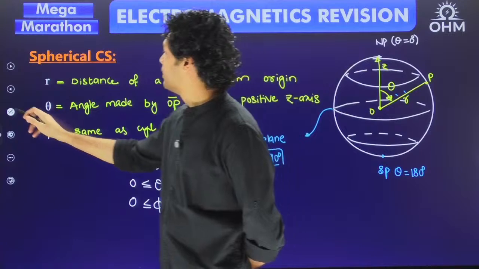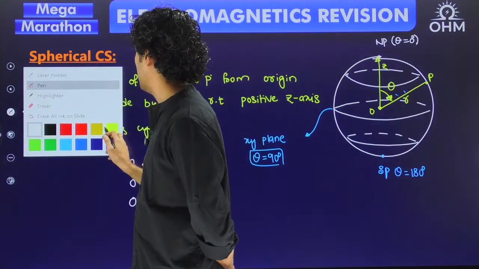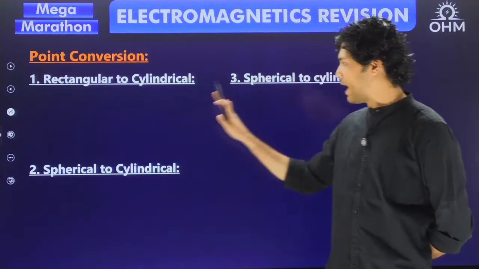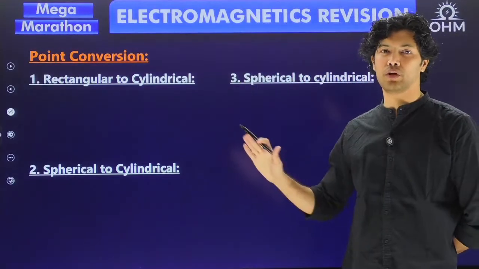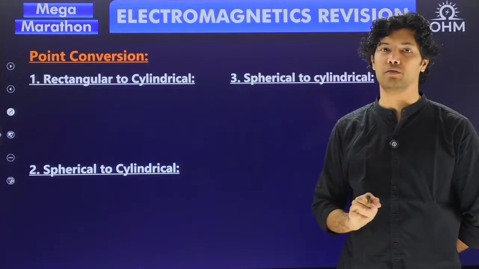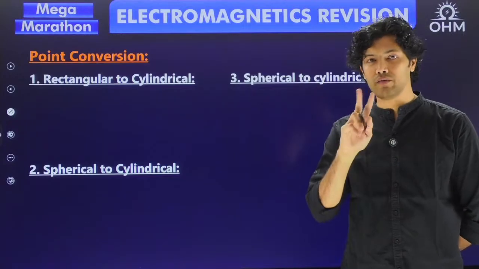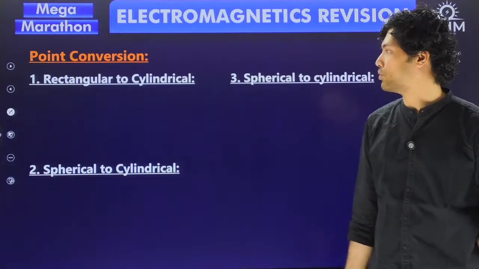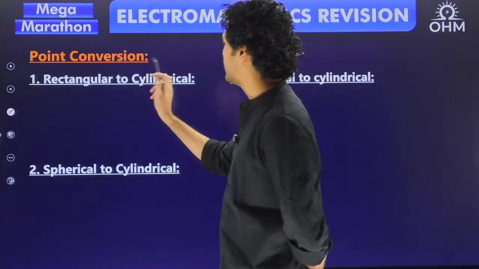Next, after the ranges, is point conversion. We have a total of 3 into 2, so 6 point conversions, but out of them 2 are very important. If you remember these 2, getting the remaining ones is not a big deal. First is rectangular to cylindrical.